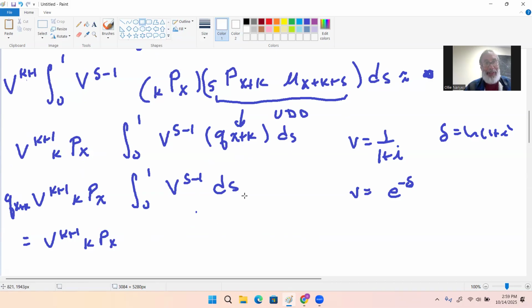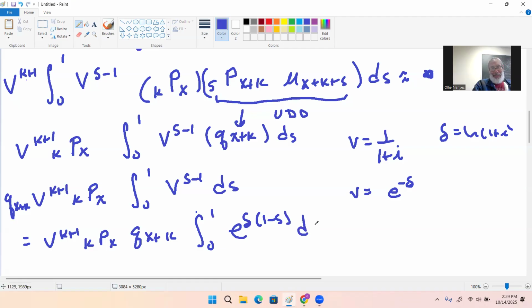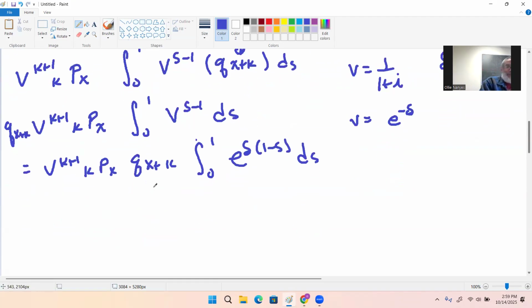So let's fix that. And now we have this integral here. So this integral, I'm going to write this down as e to the delta times 1 minus s. Now that's just a calculus 1 integral that anyone can do.